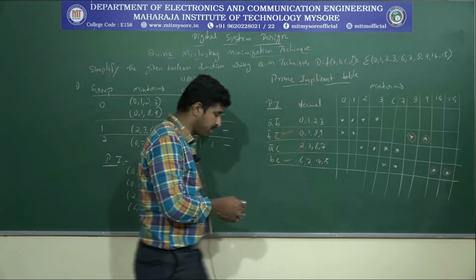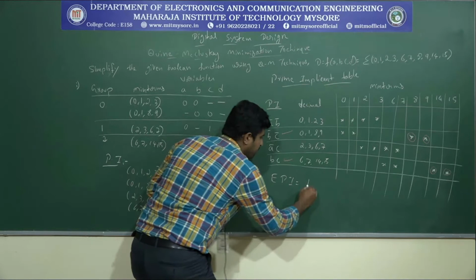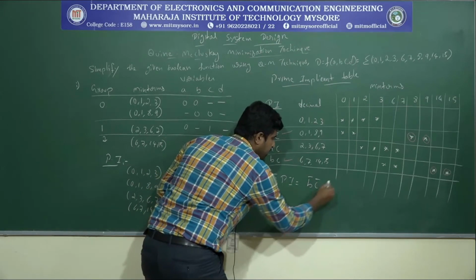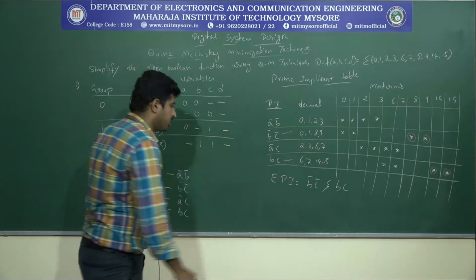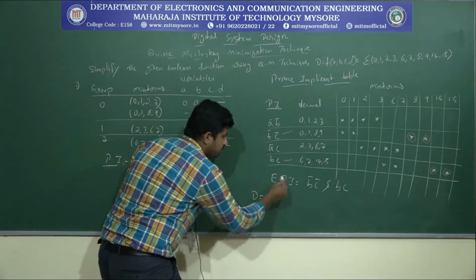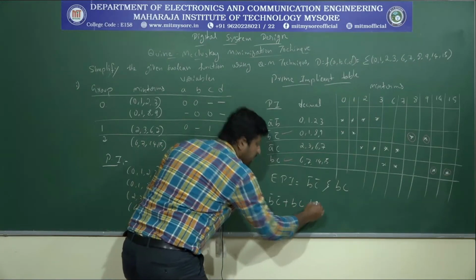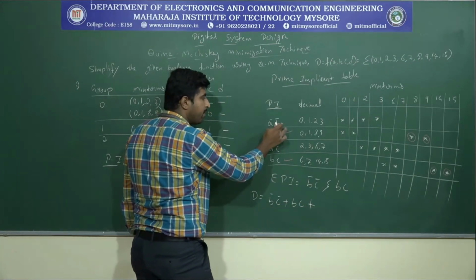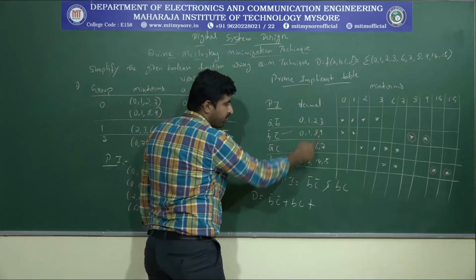Which are the essential prime implicants? B bar C bar and BC. So the solution is D equals B bar C bar plus BC plus we can include A bar B bar or A bar C, because 2, 3 are left out.